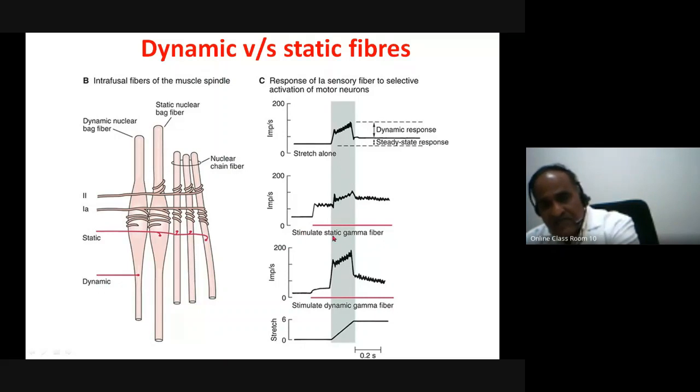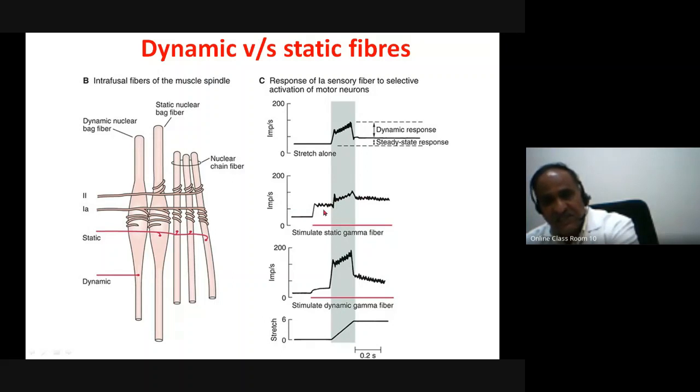Now, the gamma fibers are supplied by the gamma motor neurons. There are two types of gamma motor neurons here, the static gamma motor neuron and the dynamic gamma motor neuron. When the static gamma motor neuron is stimulated, during this stimulation period there is an increased activity in the impulses.